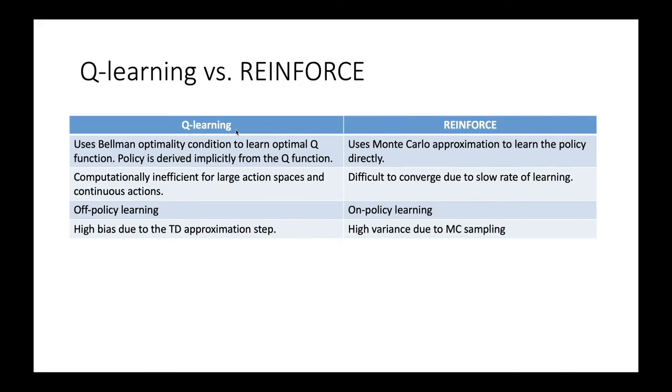Reinforce, on the other hand, has a high variance due to the sampling step, because the sampling might introduce variance, and it also contributes to the slow convergence of reinforce as compared to, say, Q-learning.